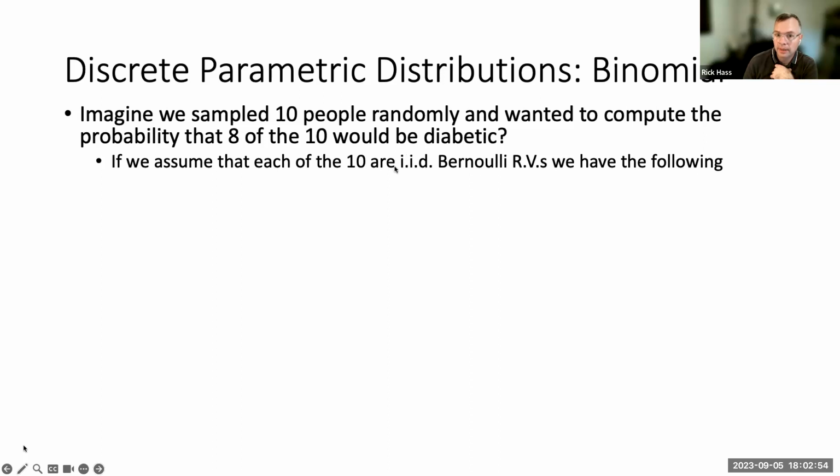Okay, so independent observations means that none of these 10 people can influence each other in any way, right? Which is pretty easy because you can't force someone to be diabetic. But one way that they might be dependent is if they know each other.